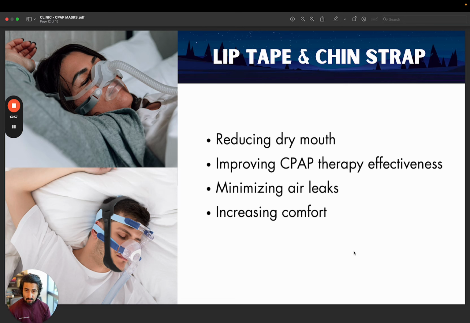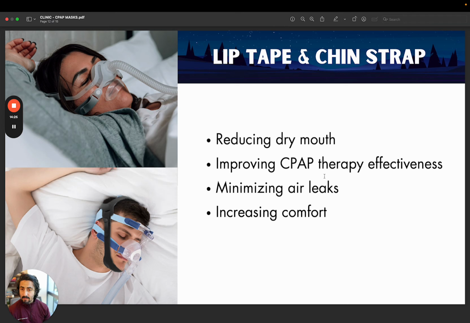And if that starts happening, there's going to be a whole bunch of airflow that leaks out of your mouth. It's basically like a break in the airflow circuit. If the mouth opens up, all of this air is going to leak out, and because there will be loss of pressure, the CPAP will no longer be effective.